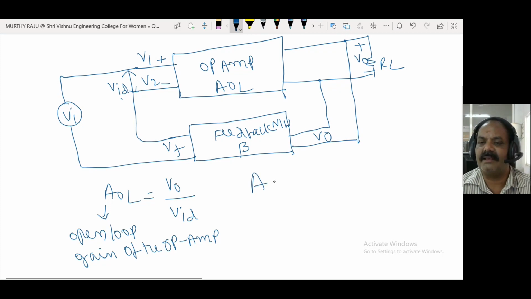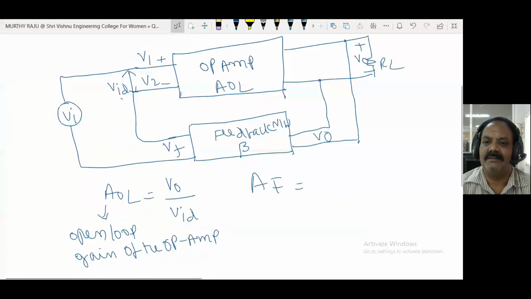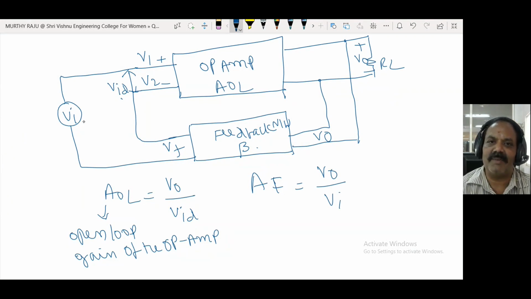Next one, with feedback. AF is called the gain of that non-inverting operational amplifier, equal to output voltage V0 by input voltage VA, considering the feedback network also. AF is output voltage by input voltage VA.